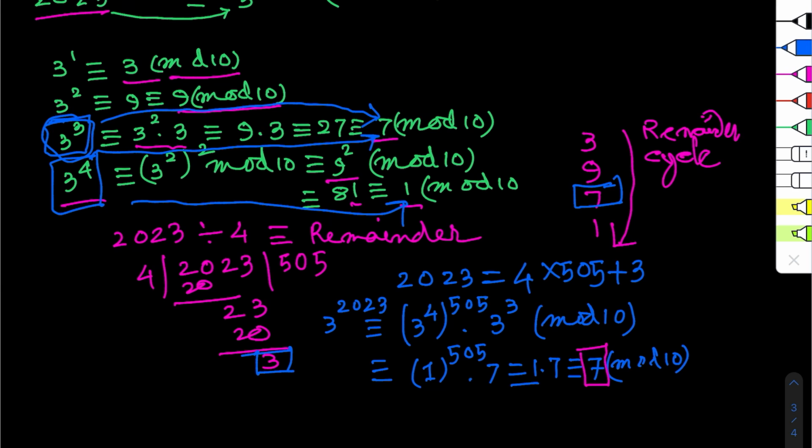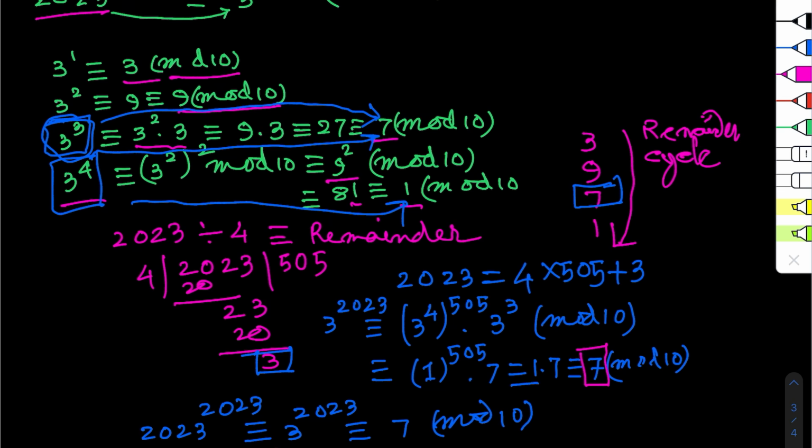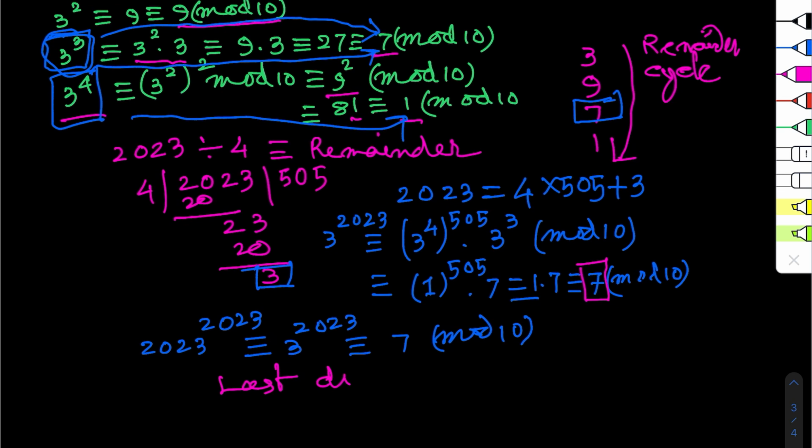So we can write 2023 to the power 2023 is equivalent to 3 to the power 2023, which gives the remainder 7. So 7 is the last digit. So the answer is complete.